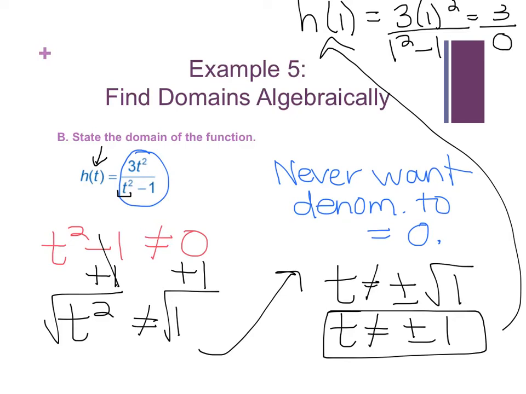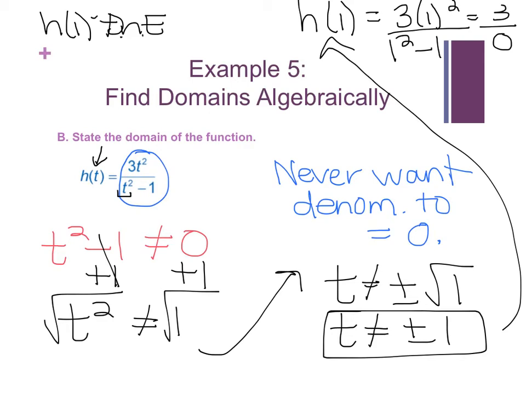Dividing by 0 cannot occur. If I try to take 3 divided by 0, you can't take 3 of something and divide it into 0 groups. So h of 1 does not exist. I'm going to use DNE for does not exist.